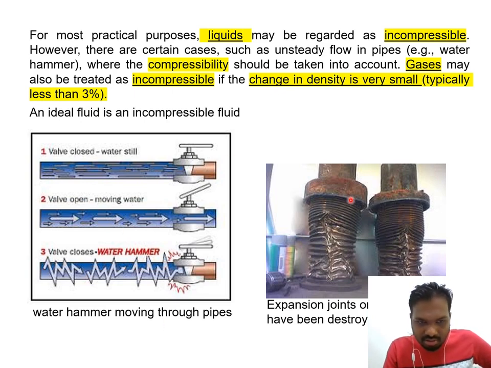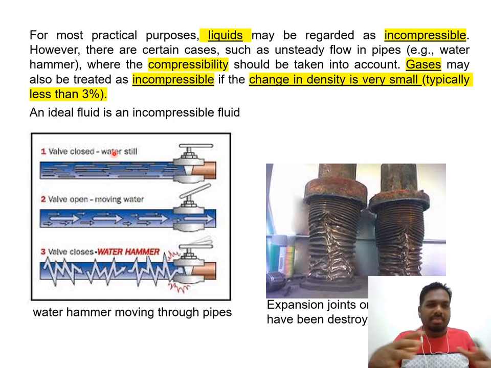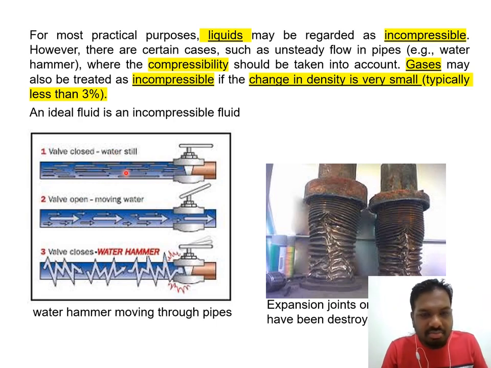So we will see what water hammer is. We have three conditions. First, valve closed, meaning there's no water flow; it's all off. You have water, but no pressure to open. If you have pressure and this is closed, the pipe will become big and start to leak because of too much pressure.